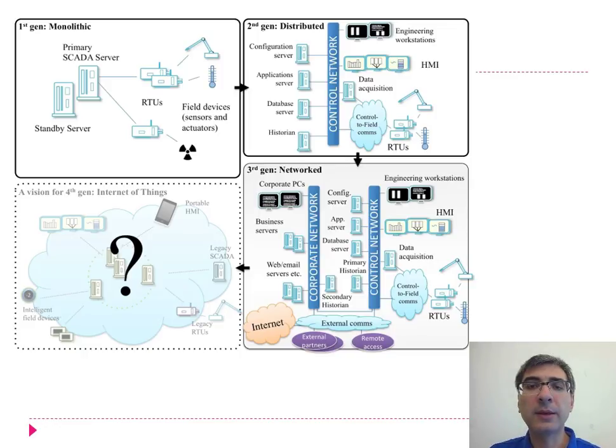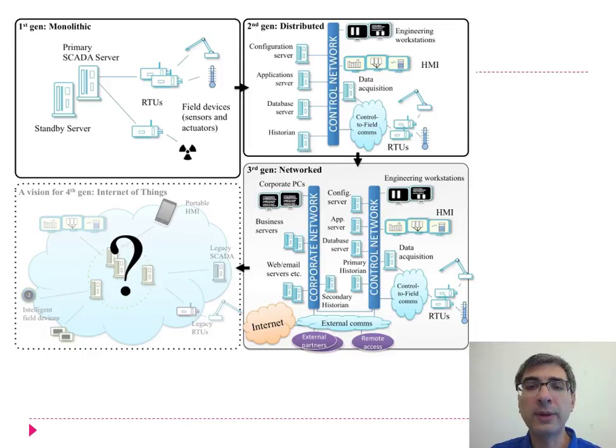This is where it is the networks that play most of the role. So the control network is connected to the corporate network, and it is done so usually through synchronization between the primary historian and the secondary historian. So the historian on the control network will be synchronizing with an equivalent server on the corporate network.